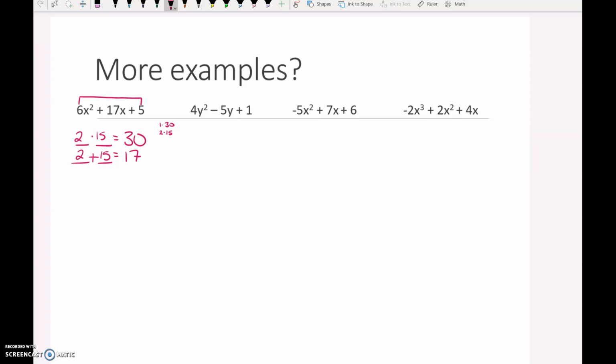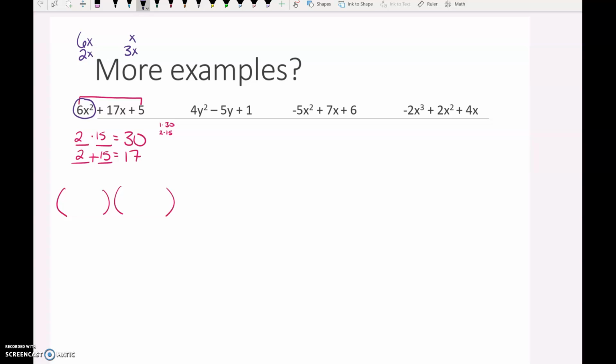Because there's a 6 in front, we can't just do x plus 2, x plus 15. We have to do either guess and check or factor by grouping. I should make this smaller so it fits in here. Here's one of the reasons that people don't like guess and check. For 6x squared, we have some options. We could do 6x and x, or we could do 2x and 3x.